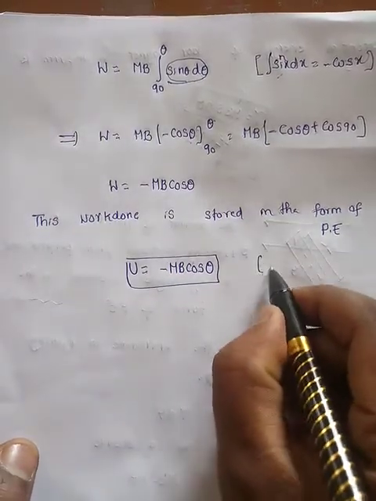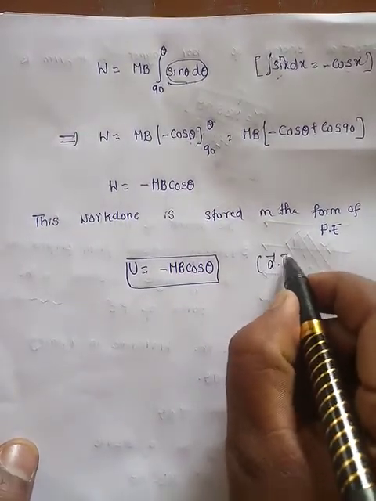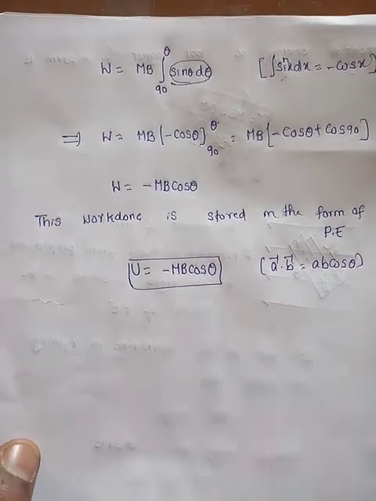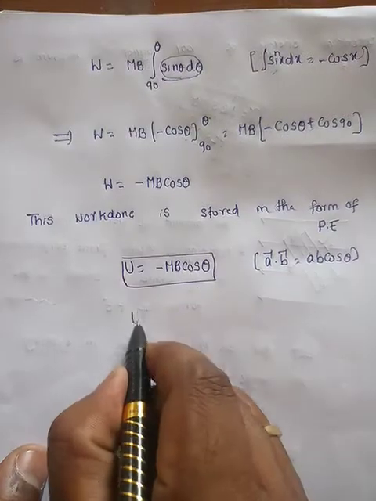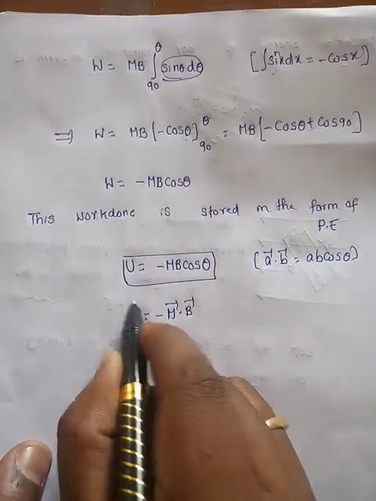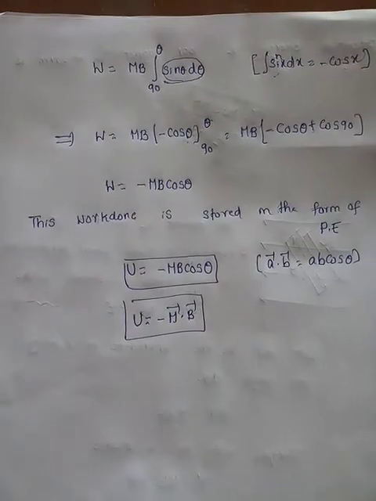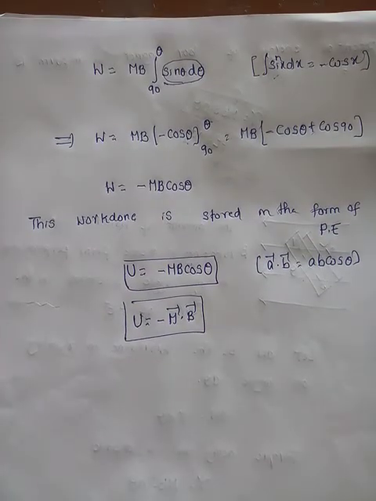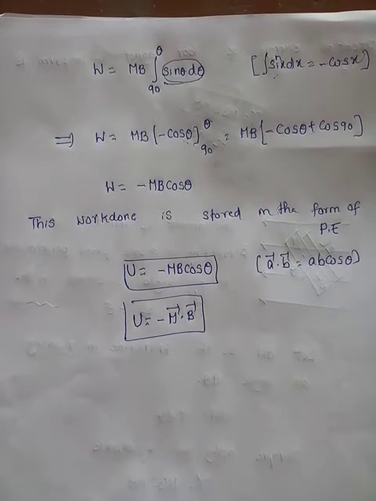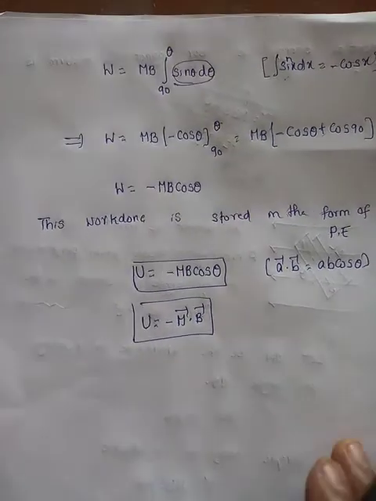As we know very well, the dot product of two vectors a dot b equals ab cos theta. We can write minus mB cos theta as minus m dot B. So this is the formula for the potential energy of a bar magnet in a uniform magnetic field. Here there are different cases.